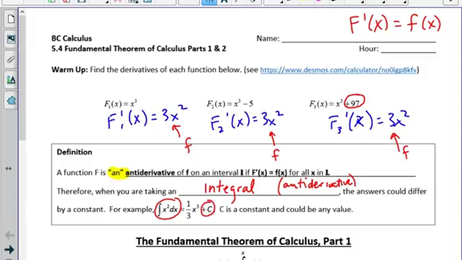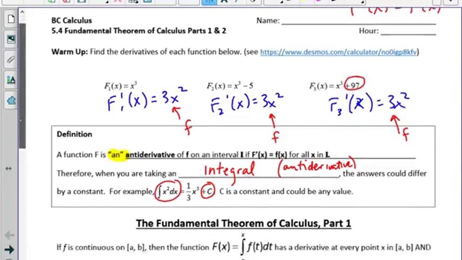It could be any value. We don't know what the value is most often. Now, there are some problems where you're going to have to solve for c. Those problems give you some condition, for example some point that's true on the original function, and you can find c. But if you're not given some point, then we would just keep c as plus c.